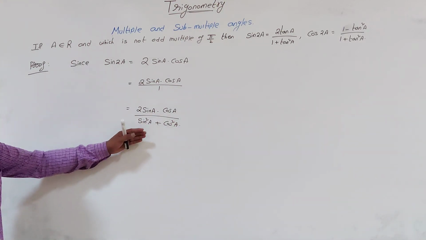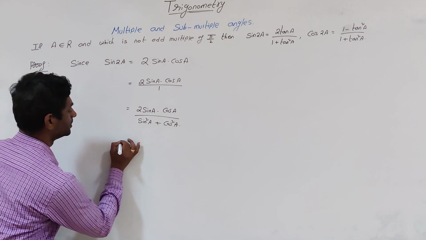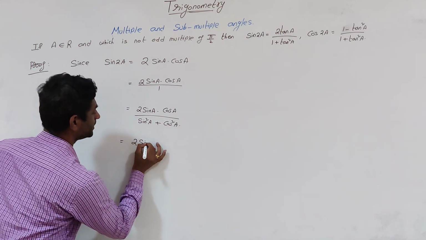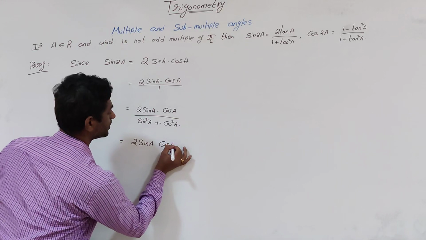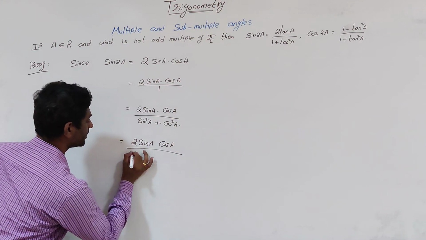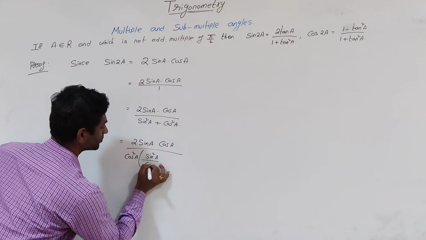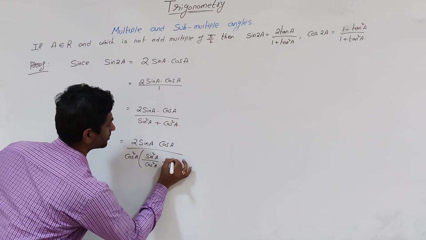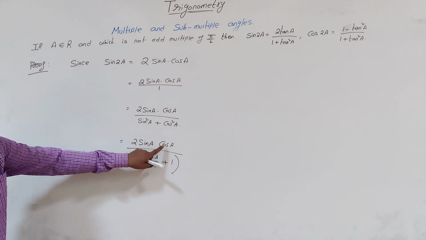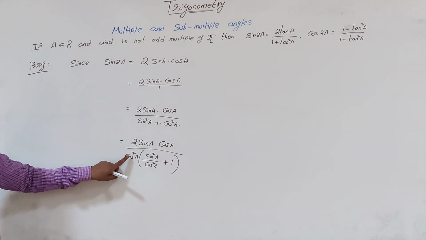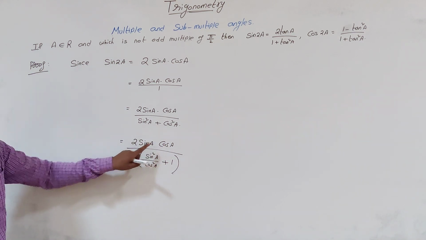In the denominator, if we take cos square A out as common, we get 2 sin A cos A by cos square A times sin square A by cos square A plus 1. So in the numerator 1 cos A is there, in the denominator there is cos square A, meaning 1 cos A will get cancelled.